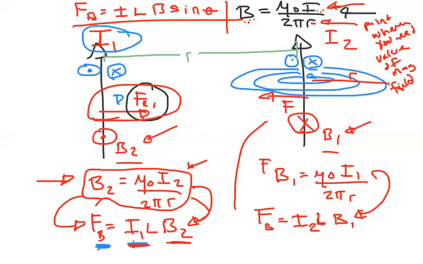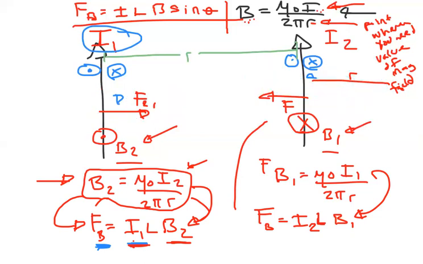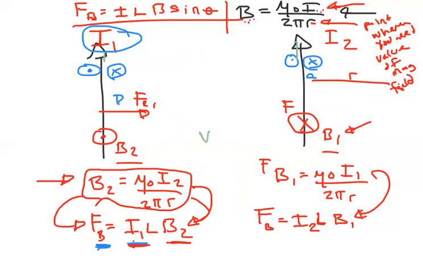Actually, one question he asks here, believe it or not, still associated with this question, I've totally seen him ask. I think he asked this in class. What would happen if I sent a positive charge between these two wires?